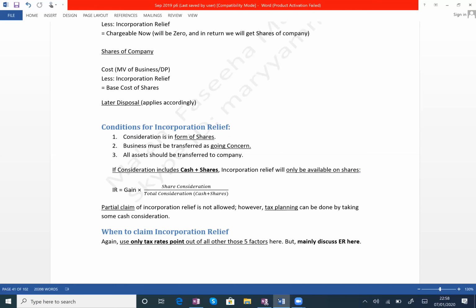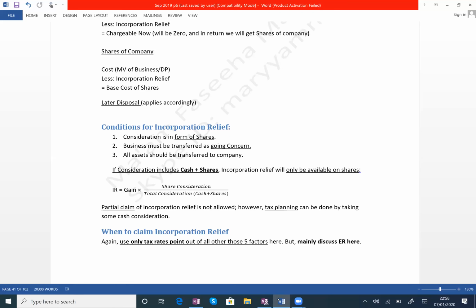Please open this second page and you can see the third question of this list. Mr. A transferred a sole trader business into a company, and you can see the box. PPE, meaning property, plant, equipment: market value 1 lakh, cost 75,000, gain 25.